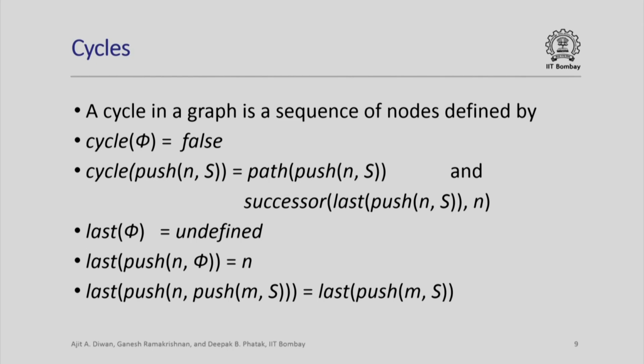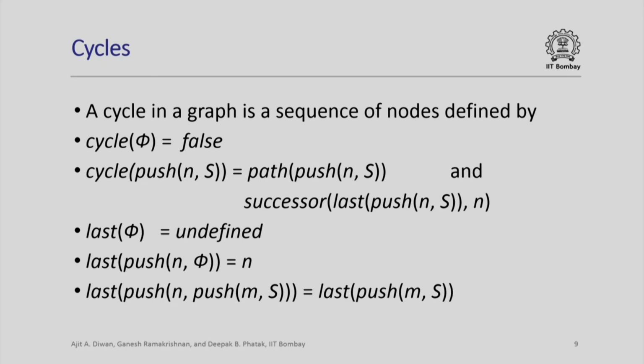And similarly, another very useful concept in a graph is that of a cycle. So, it is again a sequence of nodes defined similarly. If it is empty, it is not a cycle. On the other hand, if it is non-empty, it must be a path. So, the sequence must satisfy all the properties of a path, and the additional condition that the first element of the sequence must be a successor of the last element of the sequence.